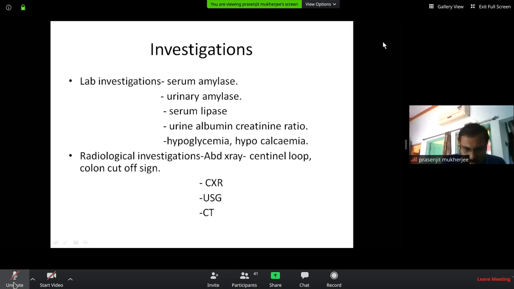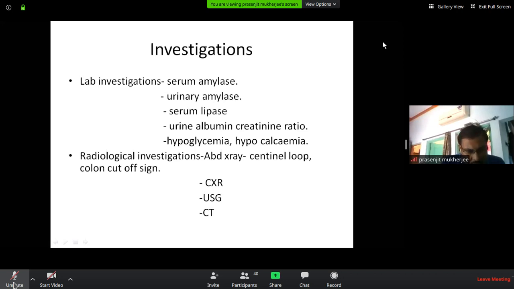Okay. Now come to colon cutoff sign. The cecum, ascending colon, and proximal transverse colon are dilated, but there is no gas shadow thereafter. This is again due to edematous enlargement of the pancreas. That means it compresses the transverse colon midway.